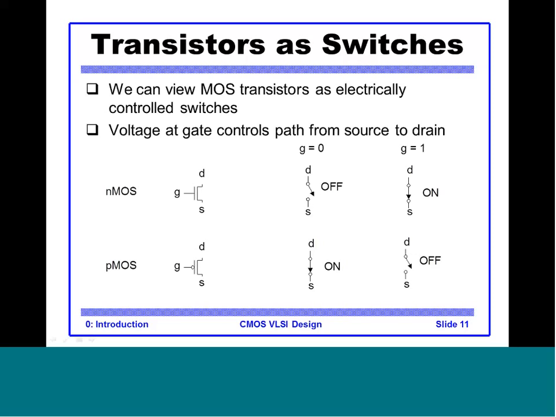Similarly, when the gate is 1, the drain to source current flows and the transistor is on. PMOS is complementary to NMOS. Whenever the gate is 0, the transistor is on; whenever the gate is 1, the transistor is off. So NMOS and PMOS both behave as switches whenever the voltage on the gate is toggled from 0 to VDD.